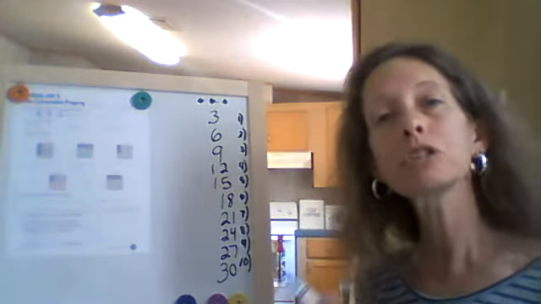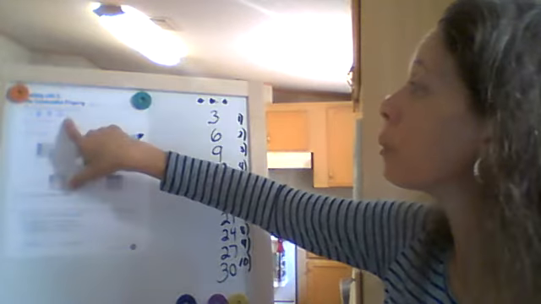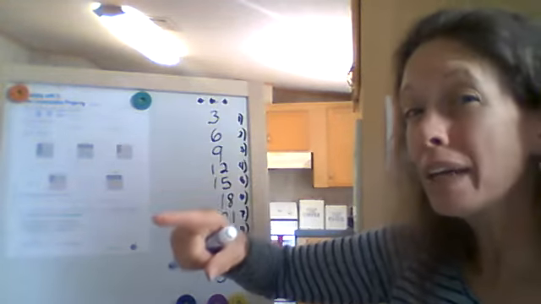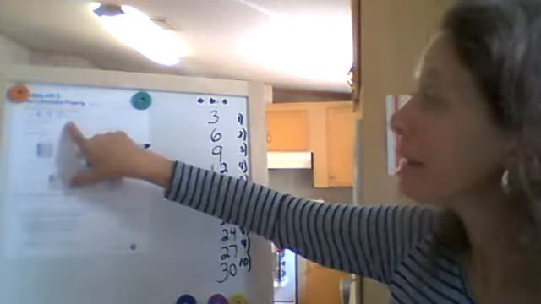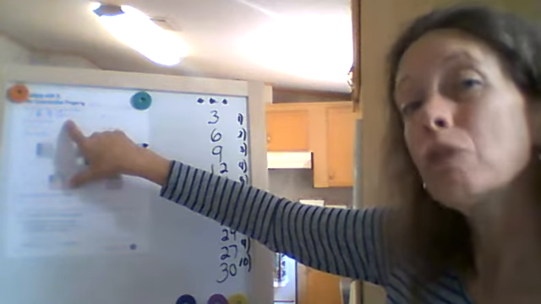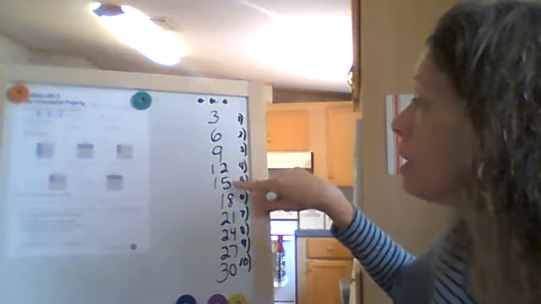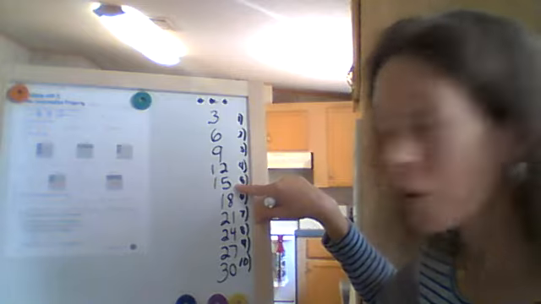And just to make sure I'm right, they've given me one over here to check my answer. So if I'm doing this on the right track, my next one should be 15. So let's check. 3, 6, 9, 12, 15. There it is. I'm right.